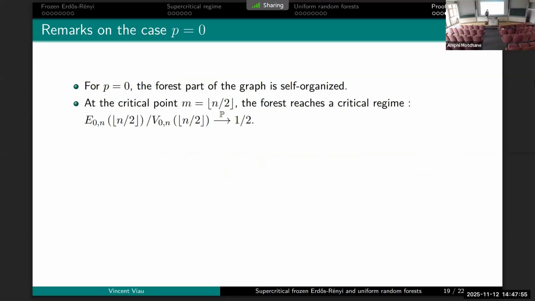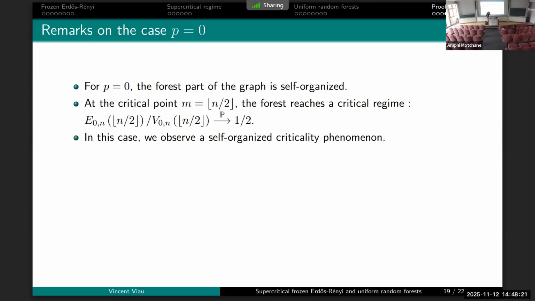And as I mentioned before, when you reach the critical point n/2, the forest itself reaches some critical regime, in the sense that its number of edges is close to half of the number of vertices. Okay, and the idea is that since the forest is self-organized, it will tend to stay in this critical regime. So we have what we call a self-organized criticality phenomenon.